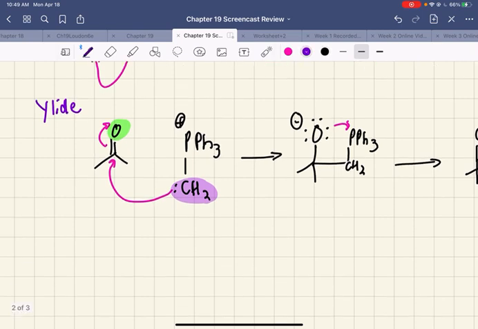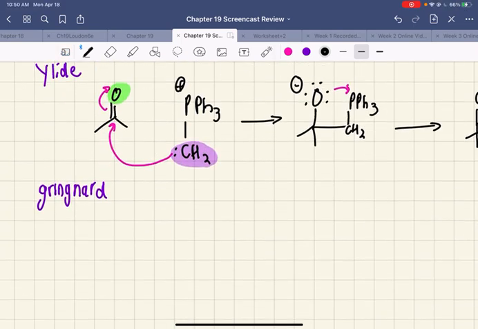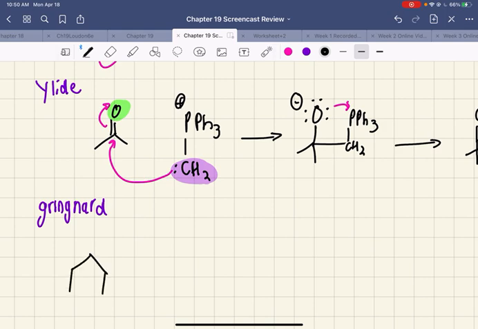Okay. Lastly is the Grignard and organolithium. So here we will take this Grignard reagent and react it with this aldehyde.